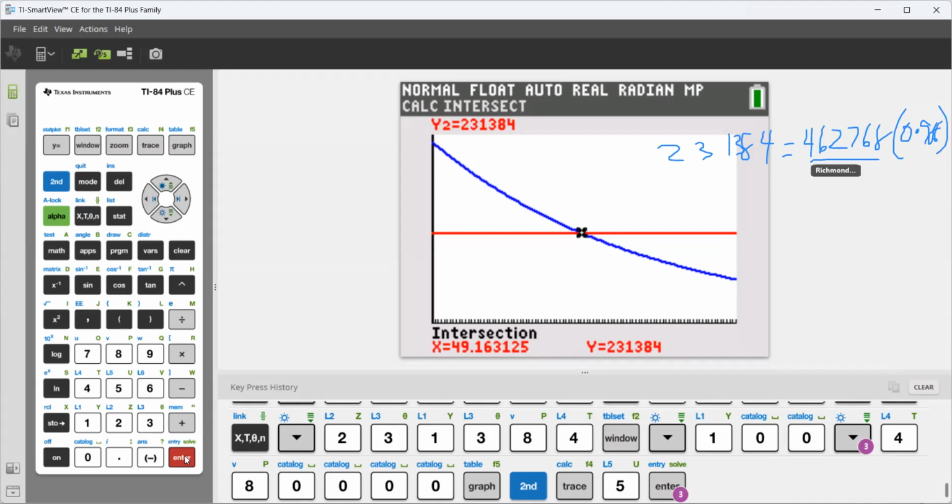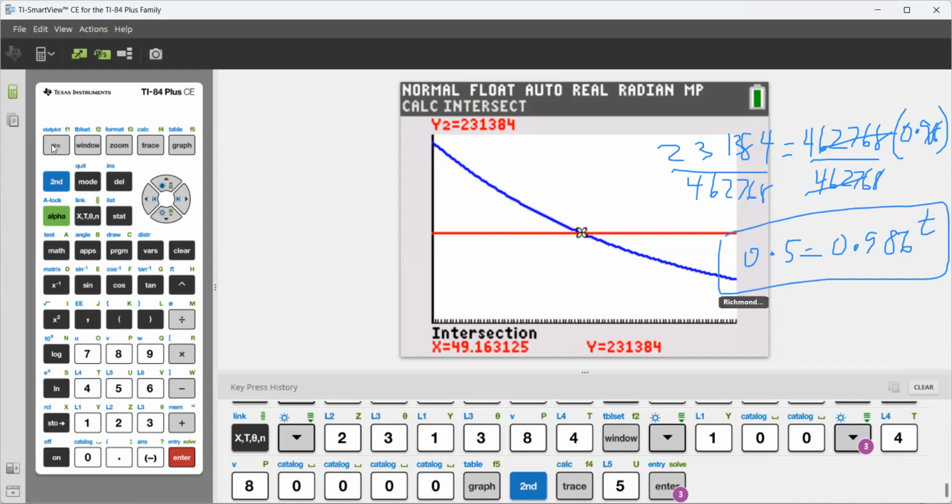Now I could divide this by 462,768 and divide that by the same thing. Now this is going to give me 0.5 equal to 0.986 to the power t. So you could use this as we did for the first one.